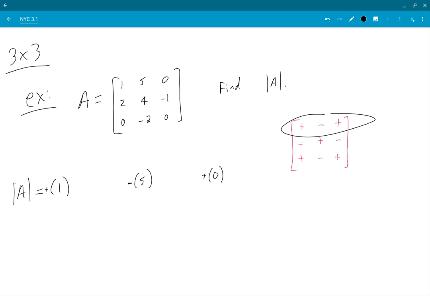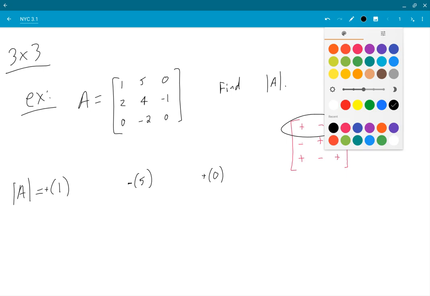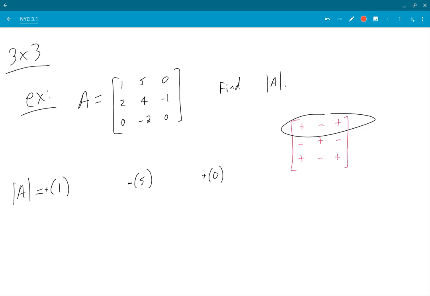Okay, so far so good. Now I'm going to put something right here that goes with the 1. It's all a little bit magical, I must admit, but for now we'll just get the method down. Here's my 1.